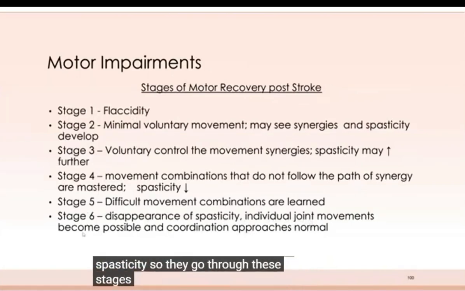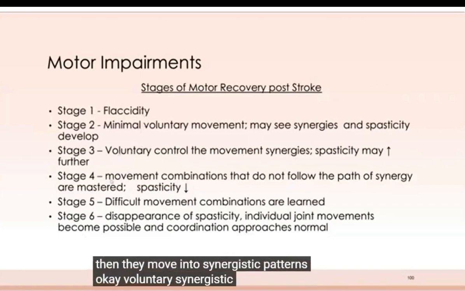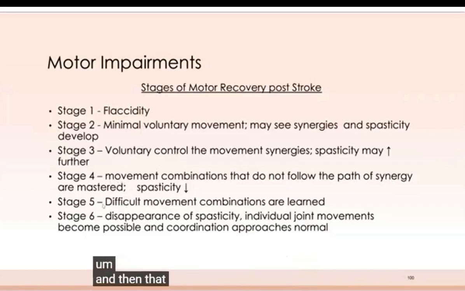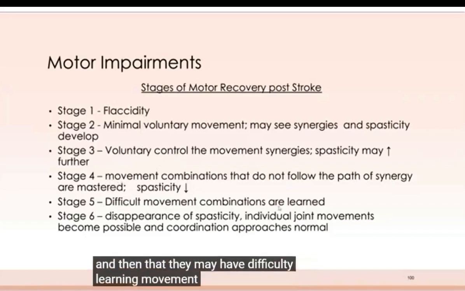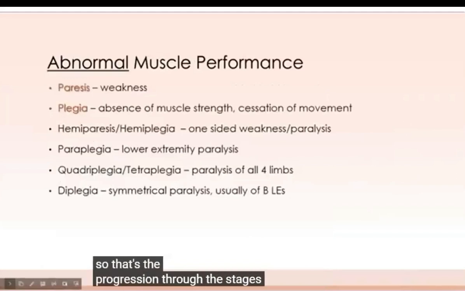So they go through these stages here. They start off flaccid, and then they move into voluntary synergistic patterns, okay? You'll talk more about synergies this week. And then they may have difficulty learning movement combinations, and then they can have restored movement. So that's the progression through the stages.